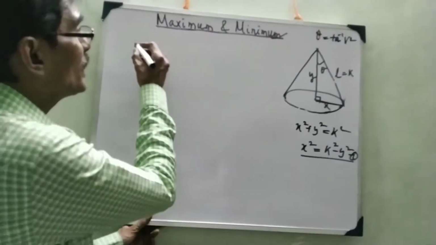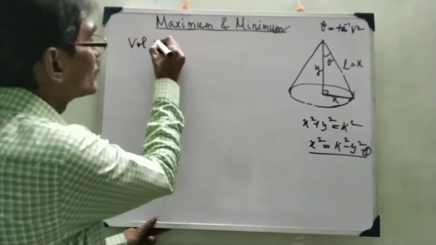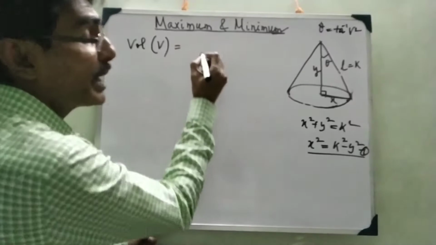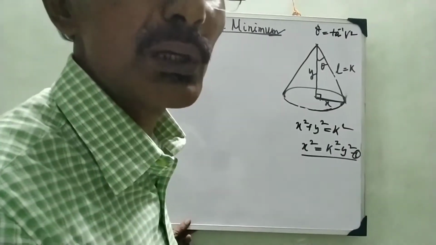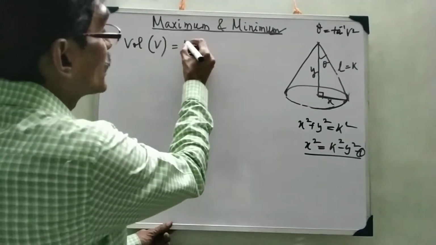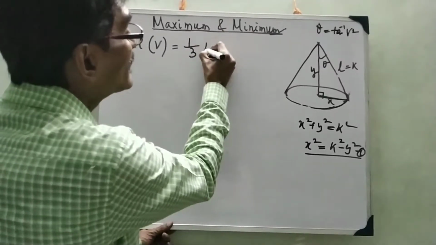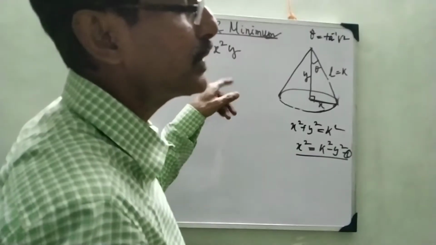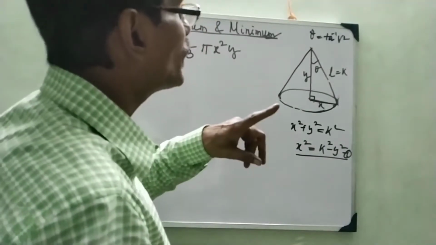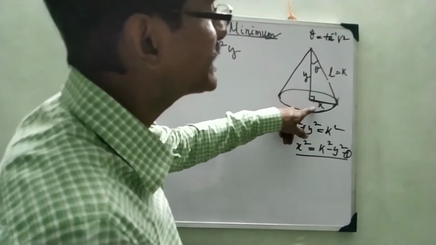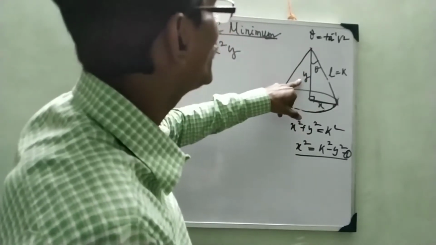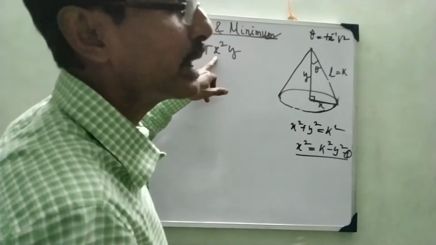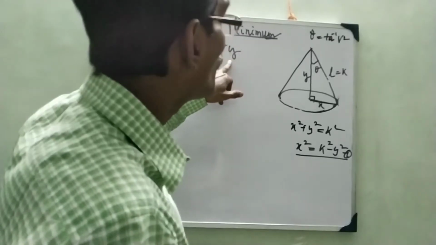If I take the symbol of volume as capital V, by the mensuration formula from the lower class you know the volume of the cone is 1/3 pi r square h. Though this is the class 9-10 formula, I have considered the radius as x and vertical height as y. So instead of r square I write x square, and instead of h I write y.